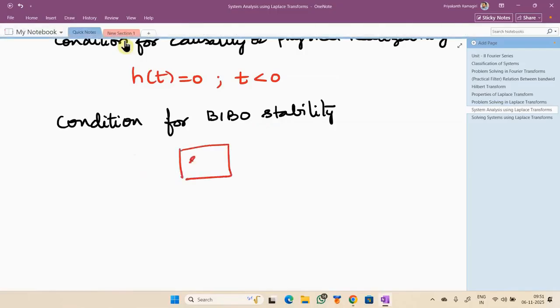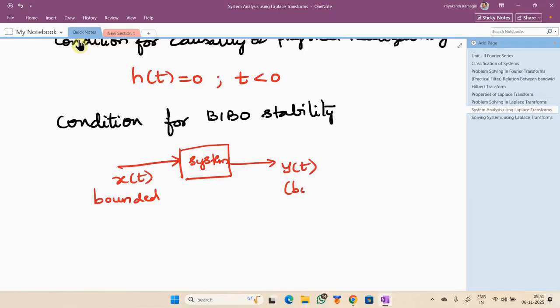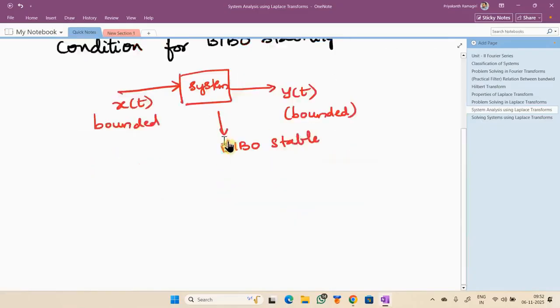So when we have a system which is applied with an input x of t, which is bounded, and if you get the system output as also bounded, then the system is said to be bounded input, bounded output stable. This is what we have learned earlier regarding BIBO stability.